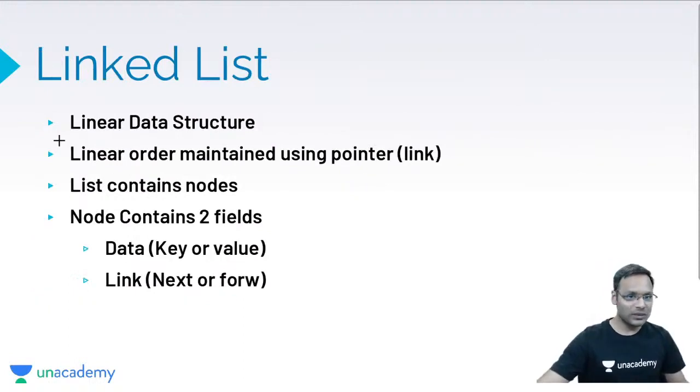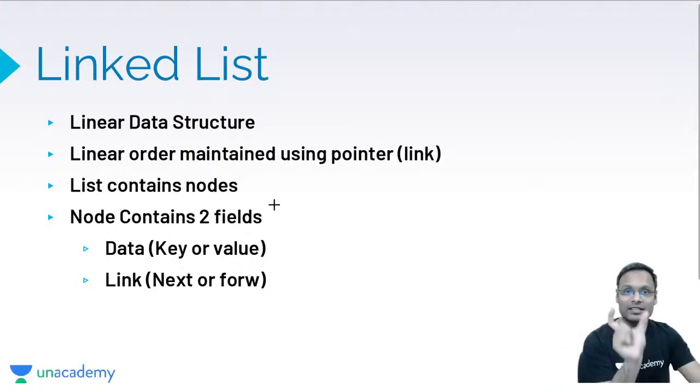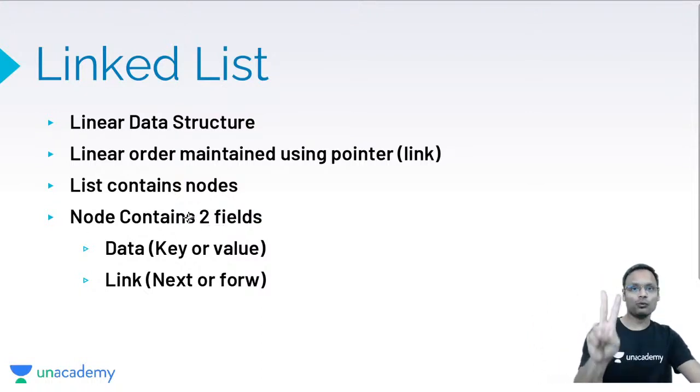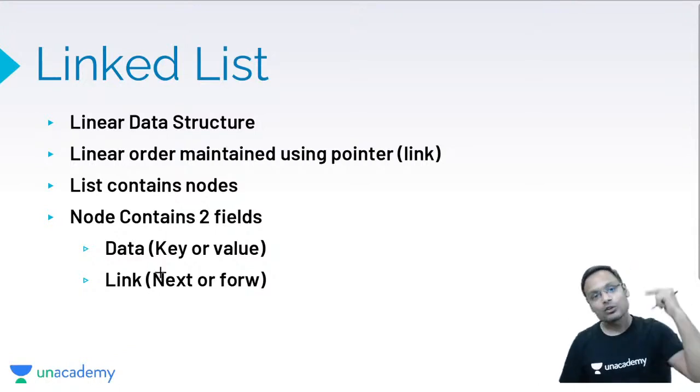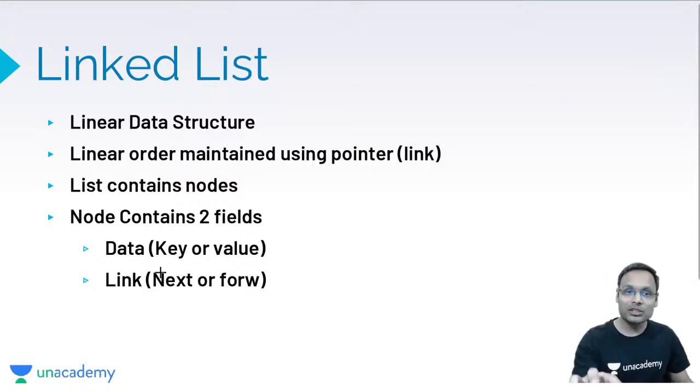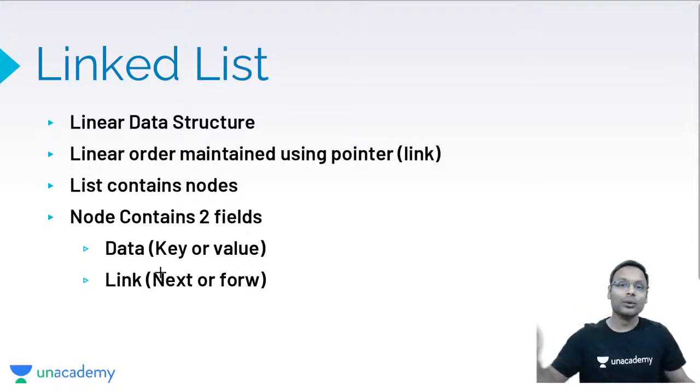So linked list, as we have seen, is a linear data structure, linear order maintained using pointers, fine. The list contains nodes. This particular linked list is made up of nodes and each node contains two fields. One is the element, second is the link. Link means address of the next node. Why? Just because we don't store the elements of the linked list on consecutive locations.